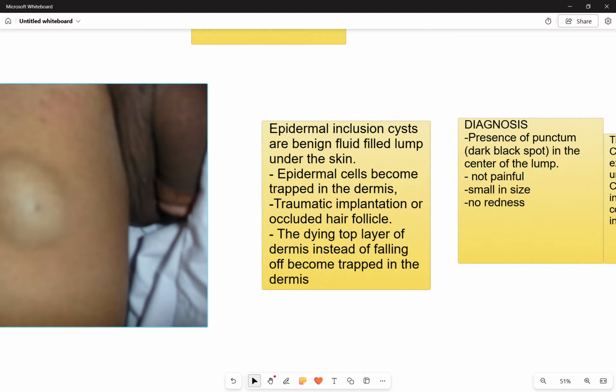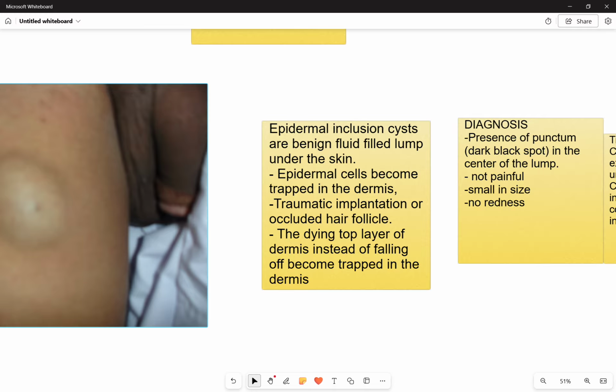The diagnosis of such a lump is fairly easy because of the presence of punctum. On physical examination, you see a subcutaneous nodule, not painful, small in size, with a central punctum present, and usually the patient comes worrying that this may be something more sinister.